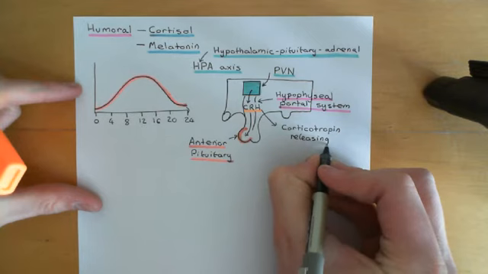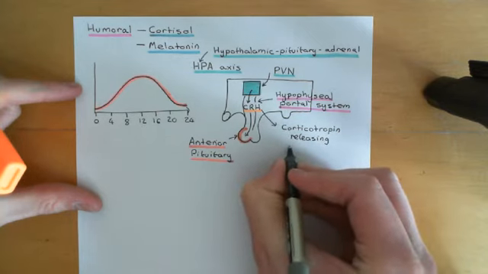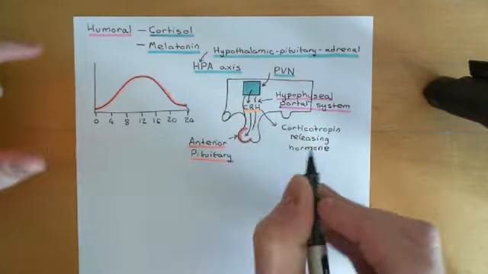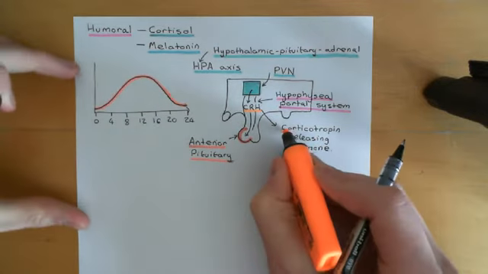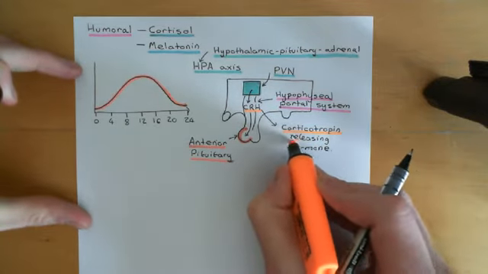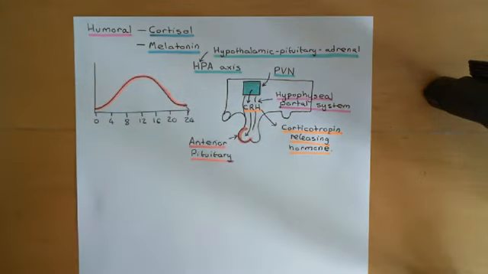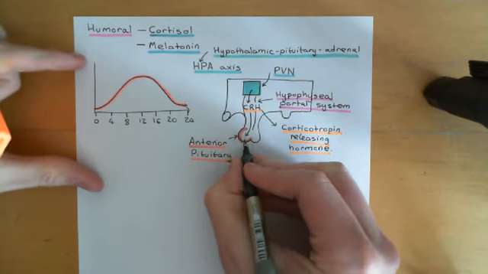It's going to be making its way through the hypophyseal portal system down to the anterior pituitary, and in the anterior pituitary it's going to work on certain cells. Okay, and the cells that it's going to work on are specifically called corticotrophs.